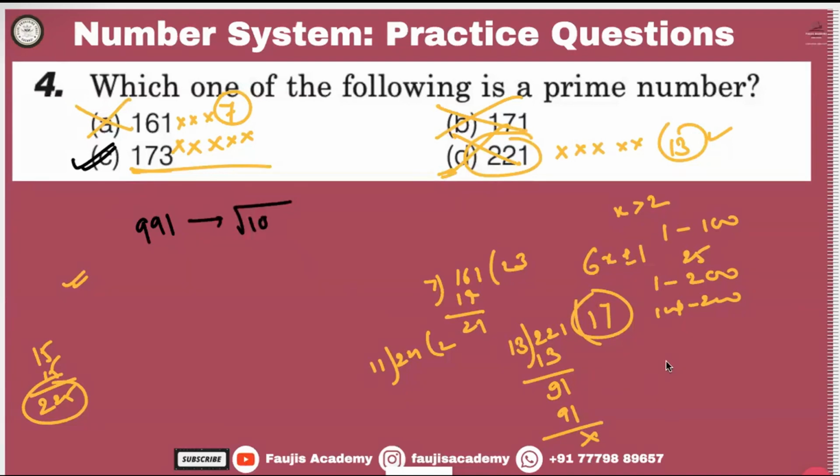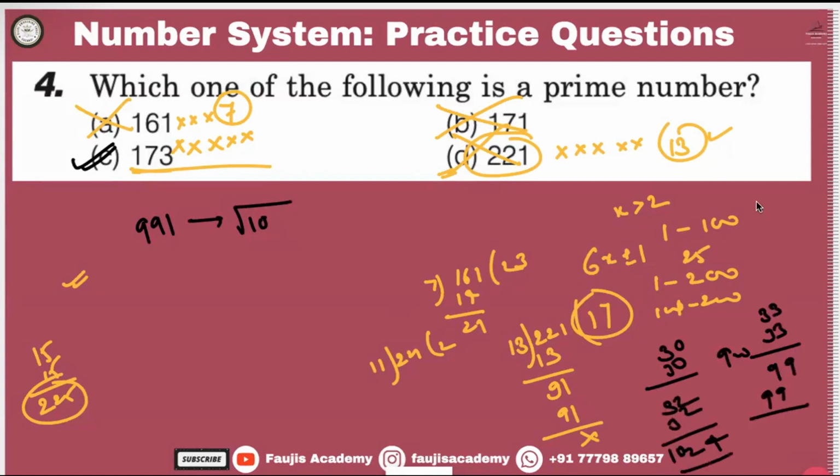No. 30 into 30 is 900. 33 into 33 is how much? 1089. 32 into 32 is how much? And 31 into 31 is how much? 961. So basically, you will write 1024 and the number is 32.